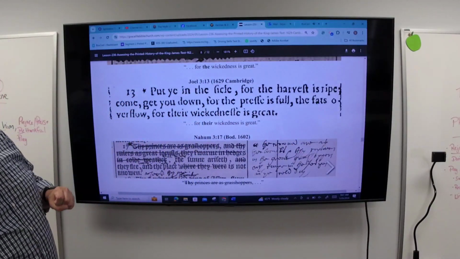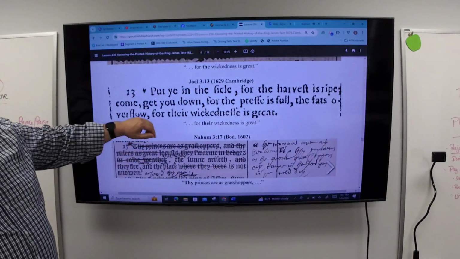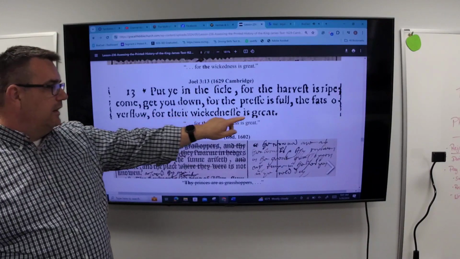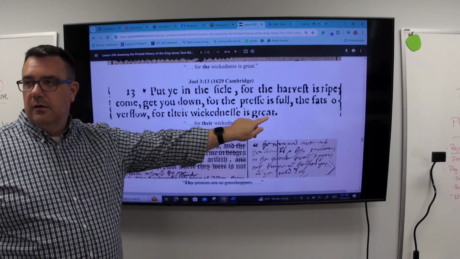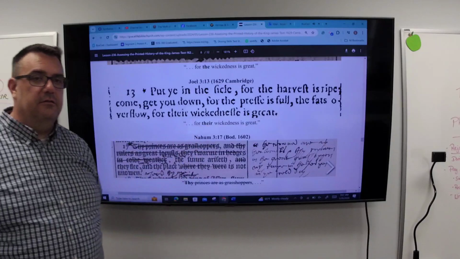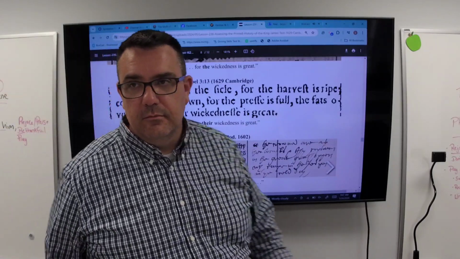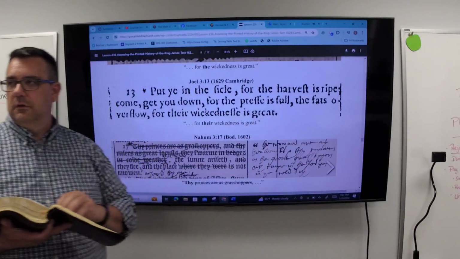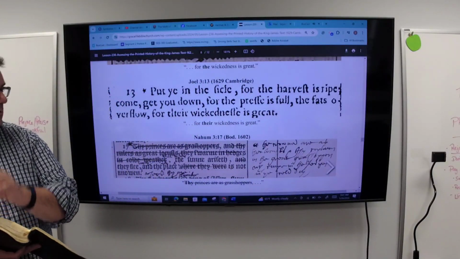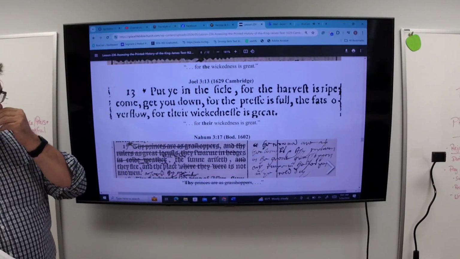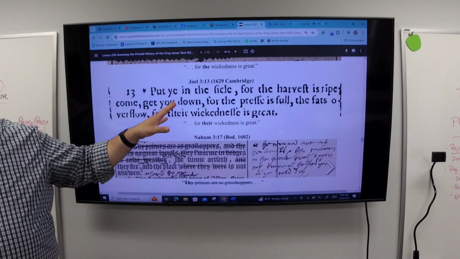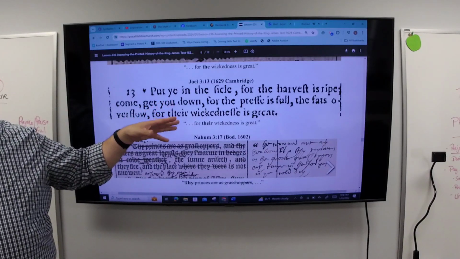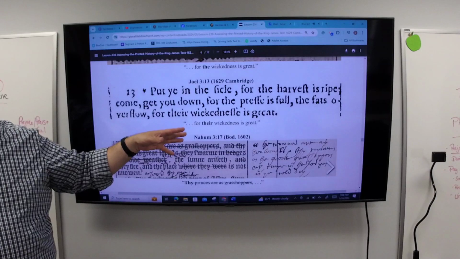Look at the last clause: for their wickedness is what? Great. So did they reinstate the their reading? There's a big difference between the and there. I don't know that I would agree with that in the context of the verse, because it's still obvious who he's talking about being wicked.